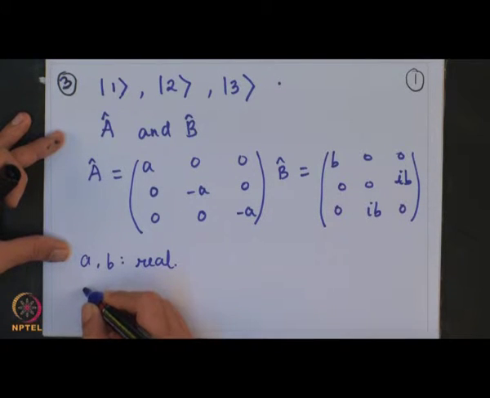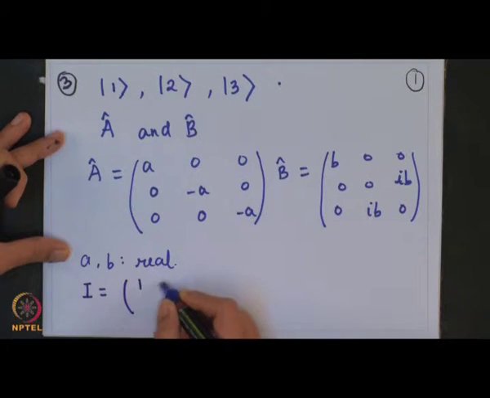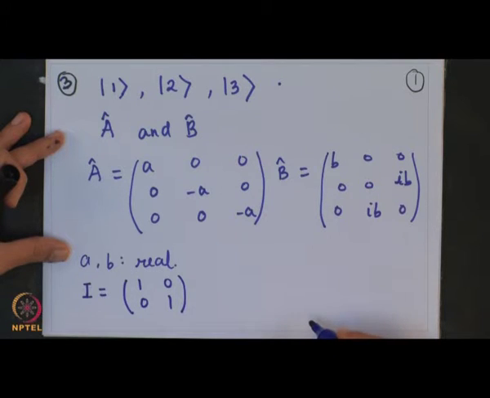For B, let me define I as the identity operator, and let me call this x, which is 0 1, 1 0.